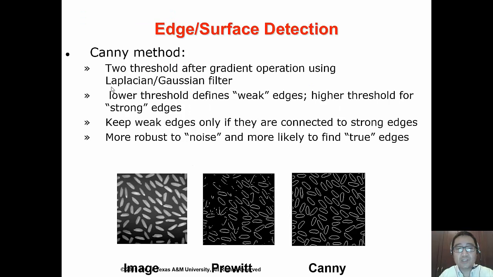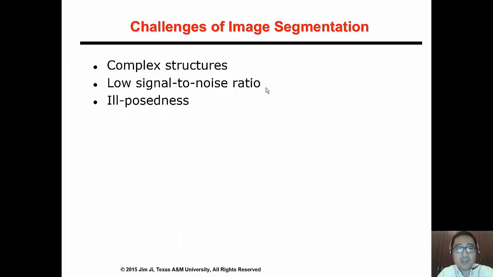With respect to edge detection, there are many different ways that you can do it. Again, these will be covered in the digital image processing course, but there are algorithms that are more robust to noise than others. The challenge of image segmentation in biological or medical image processing is that oftentimes the biological system contains very complex structures.